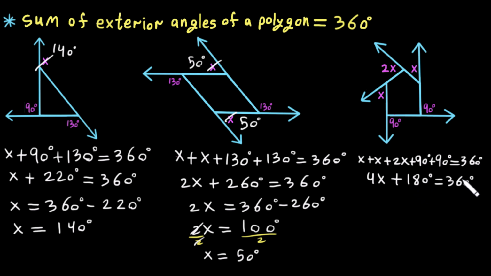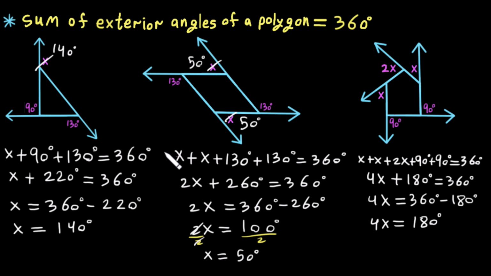Now we can subtract 180 degrees from both sides, but I prefer to take this one to the other side. So 4x equals 360 degrees minus 180 degrees, which gives us 180 degrees.